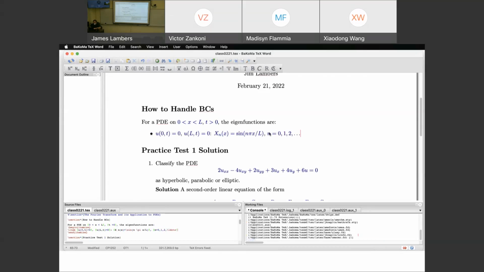Oops, sorry, n starts at 1, not 0, because we have to have non-trivial solutions.